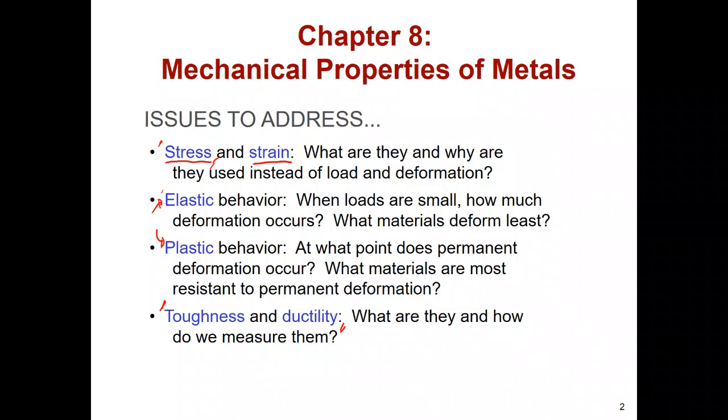In this chapter, we are going to cover those concepts. But please remember that those mechanical characteristics result from atomic bonding or atomic ordering.